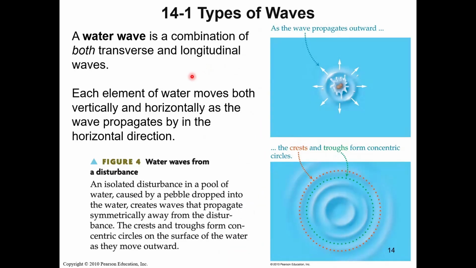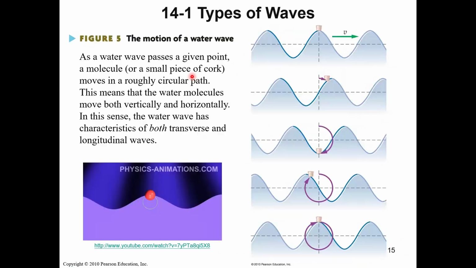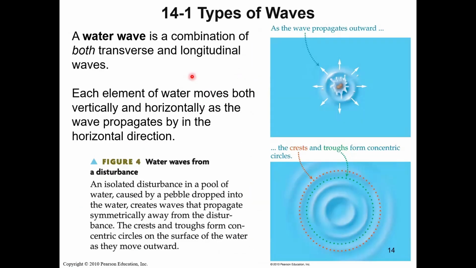And we can also study the case of water waves. Is a water wave a transverse wave or a longitudinal wave? So we can have a pond, a body of water. We throw something into the water and generate a disturbance at the origin. And this disturbance of water can propagate through space towards all directions.